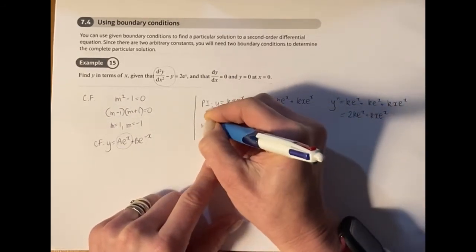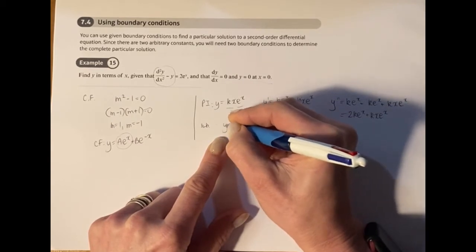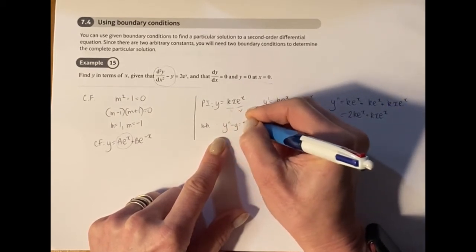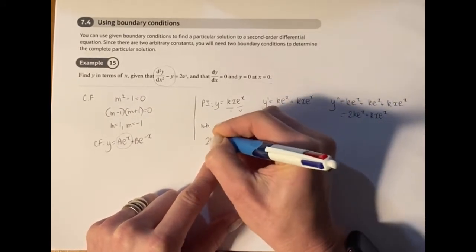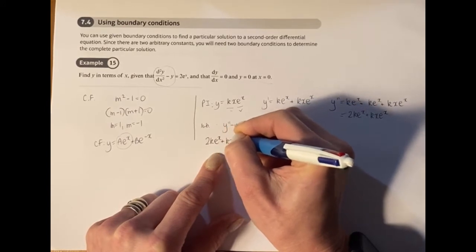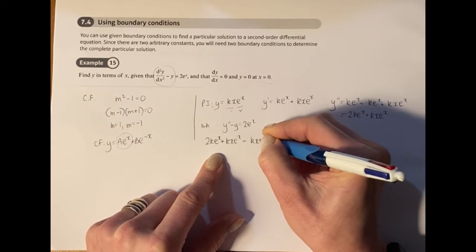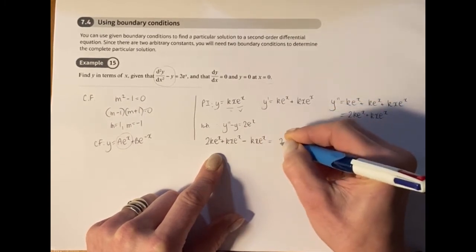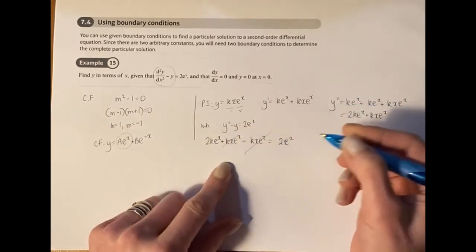So substituting into the equation, which is y double dash minus y equals 2e to the power of x, we get 2k e to the power of x plus kx e to the power of x minus kx e to the power of x, and on the right hand side is 2e to the power of x. So that's the bit we want to cancel, and it cancels.